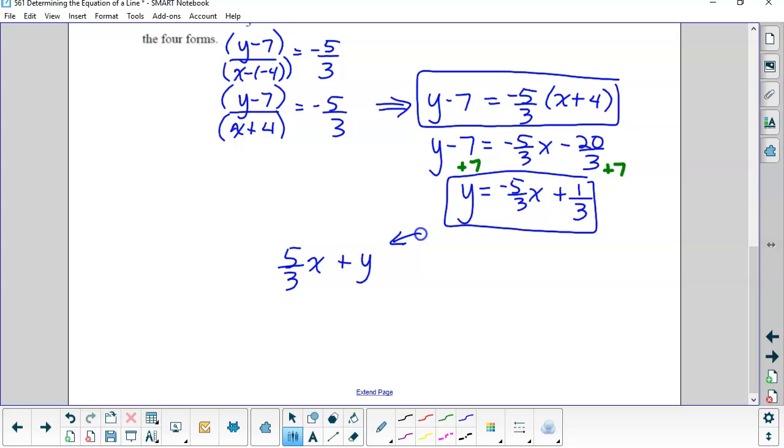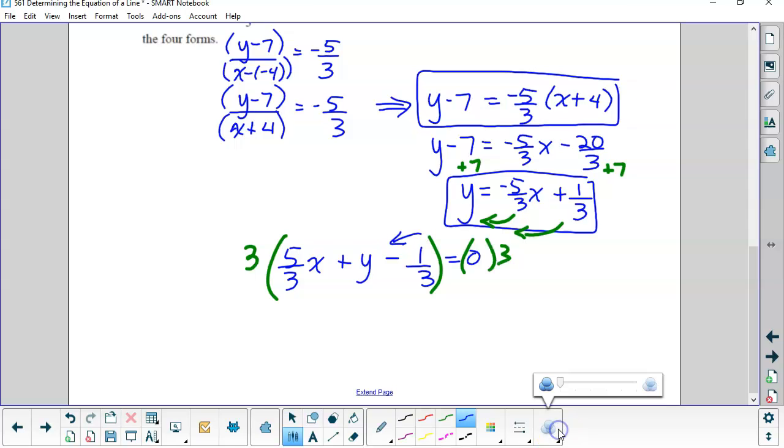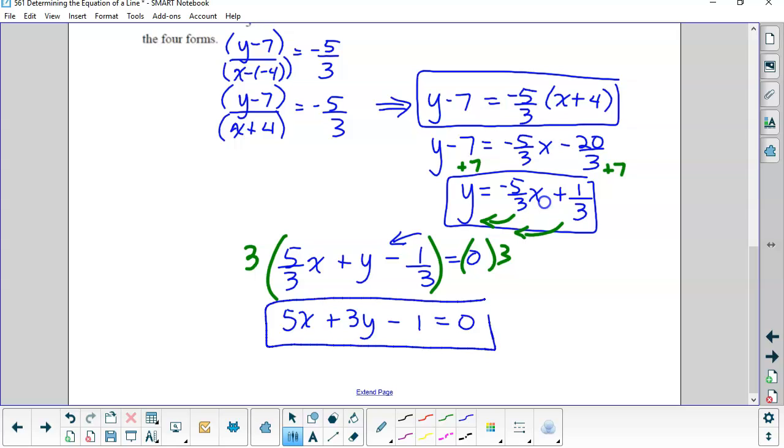The y is already there. And then negative 1/3 equals 0. Okay, so I brought everything over. Now I'm going to multiply through by the lowest common denominator, so that's 3, both sides. So that's going to be 5x plus 3y minus 1 equals 0. And that's your general form.